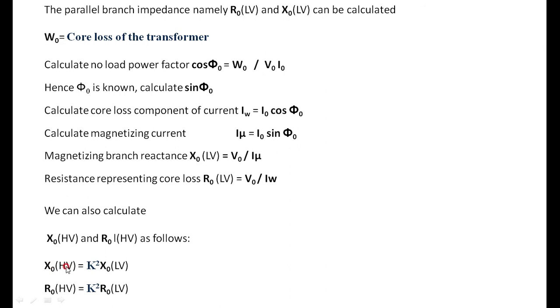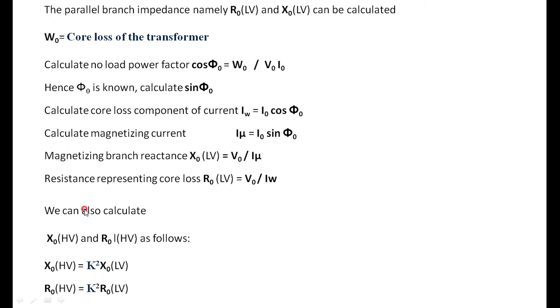That is, X naught referred to the HV side is K square times X naught. R naught on the HV side is K square times R naught. Transferring from primary to secondary, you are multiplying by the square of the transformation ratio.